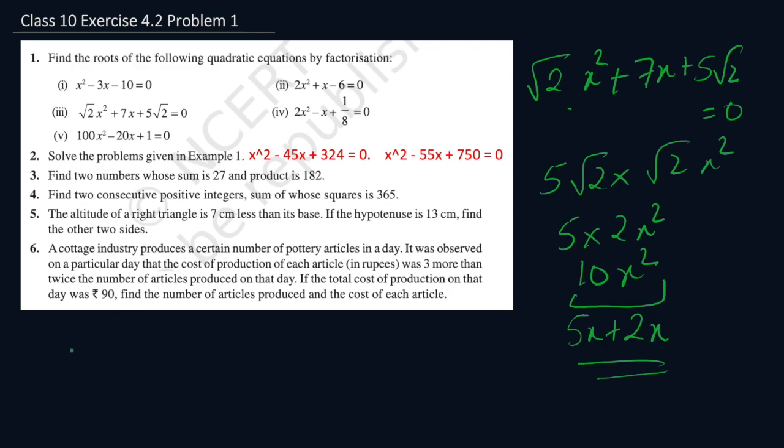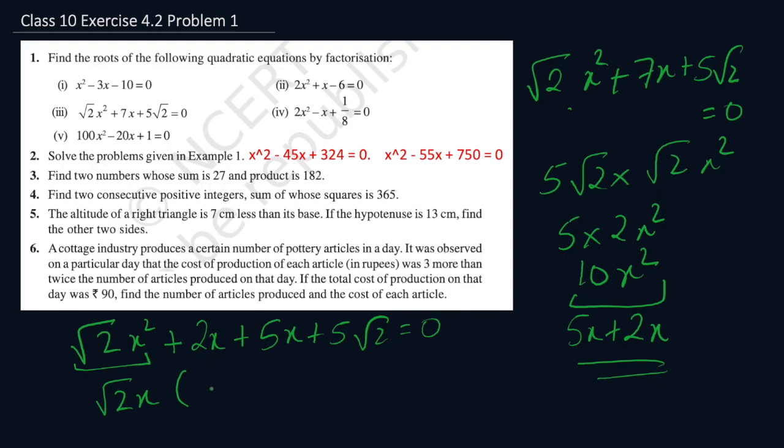So we write it as root 2x square plus 2x plus 5x plus 5 root 2 equals to 0. So we can take root 2x common from this. So root 2x times x plus root 2 plus 5 times x plus root 2 equals to 0.